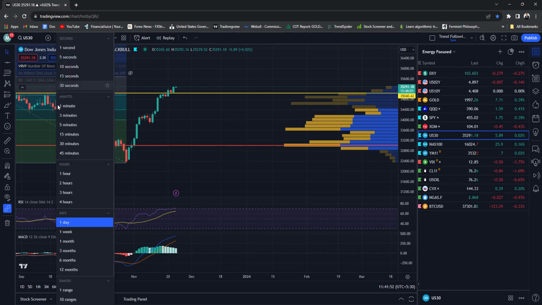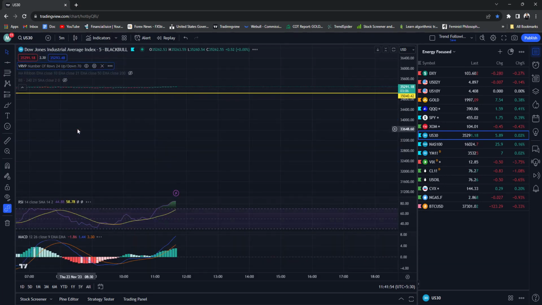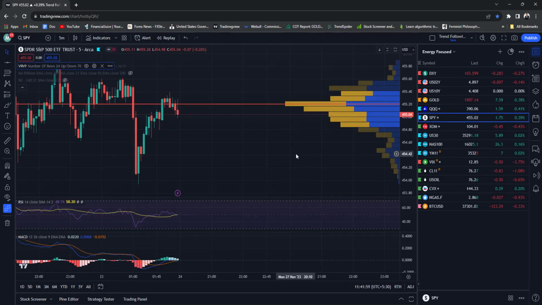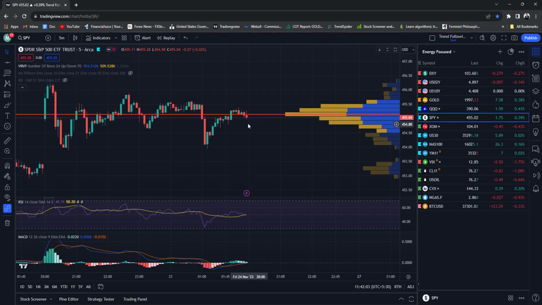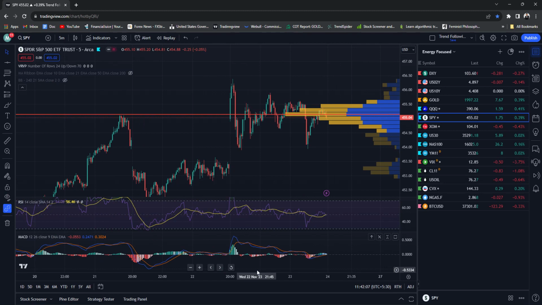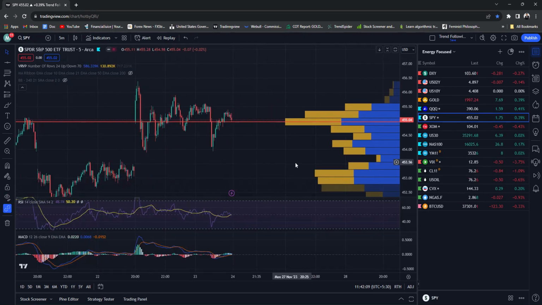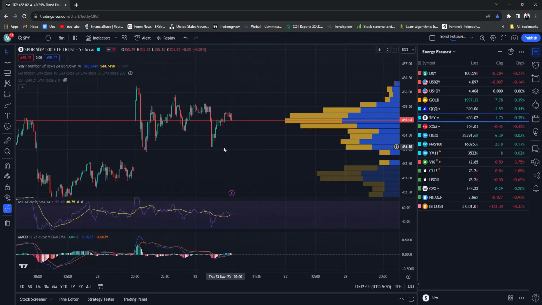Now, if we are looking at, let's say, 5 minute charts on an intraday SPY or something like that, the VRVP comes into play like that as well. So it's a high volume area where the price has been stuck, and if it's breaking down, we might want to target these areas as well.